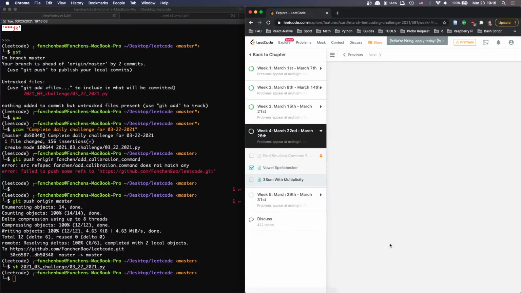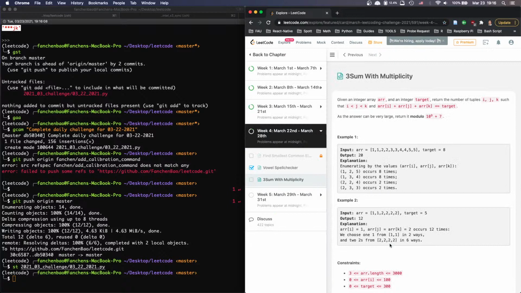Threesome with multiplicity. No, multiplicity. All right, it's going to be three sums. I've done two sums. Yeah, now it's three sums. I forgot how to do two sums.